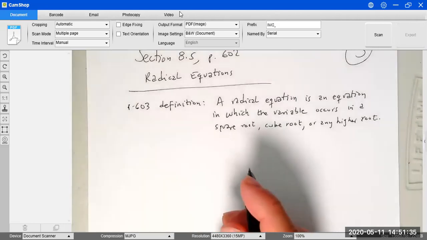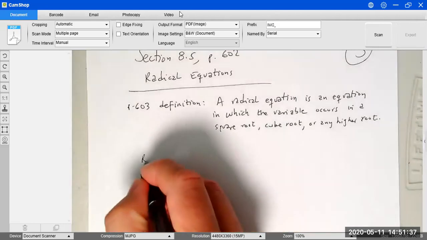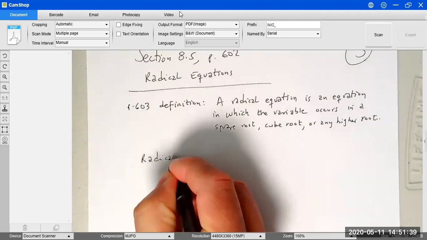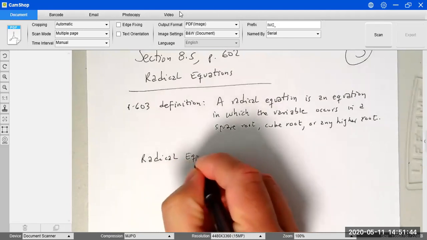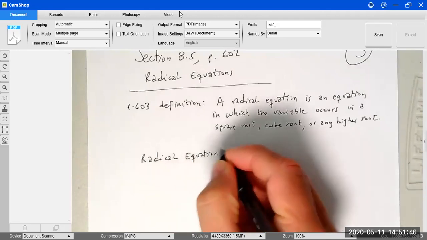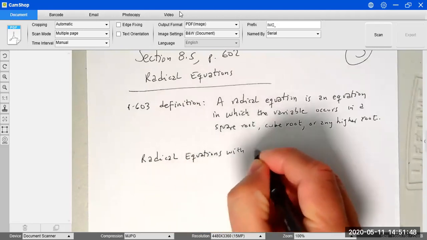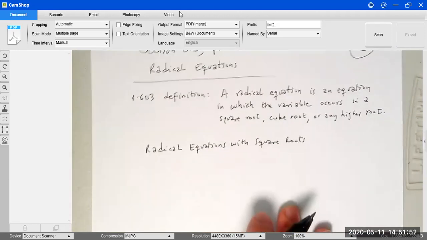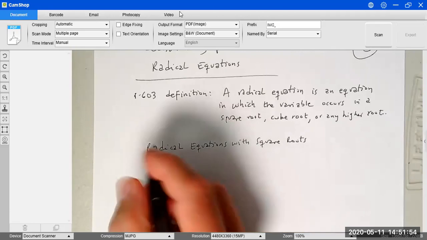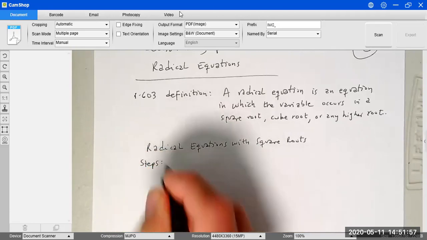Okay, so we're going to solve radical equations containing square roots. On the same page, you're going to have the steps to do it.